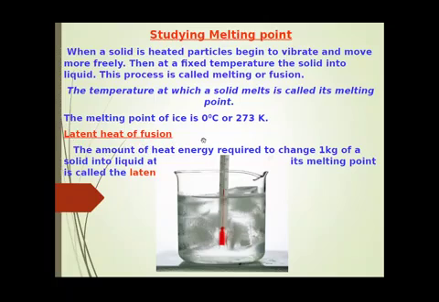So scientifically, the amount of heat energy required to change 1 kg of solid into liquid at atmospheric pressure at its melting point is known as latent heat of fusion. This is an important concept and it is asked many times in exams.